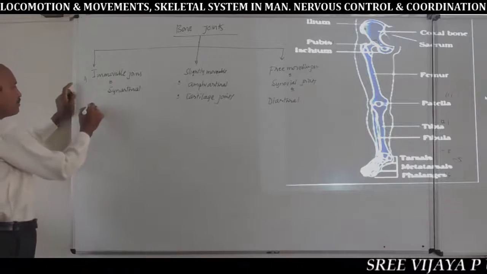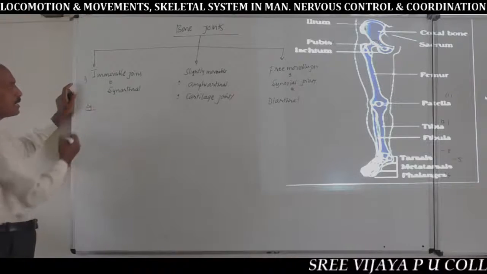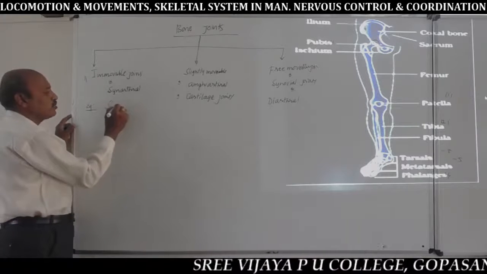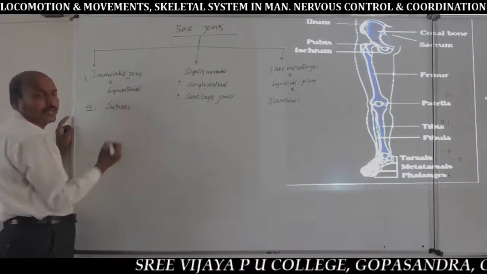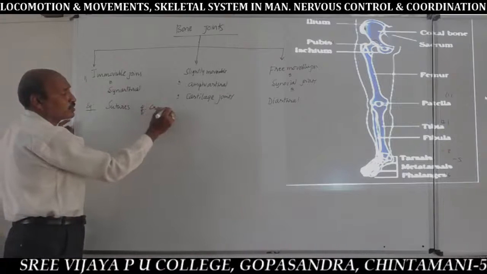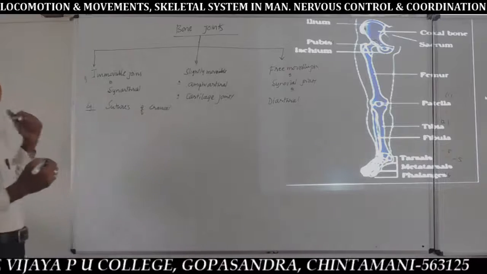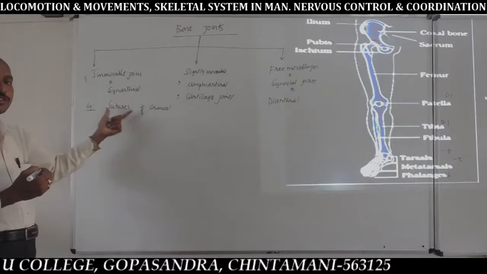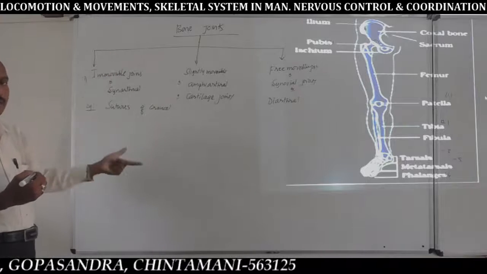Here are the examples of the location of immovable joints. Sutures, S-U-T-U-R-E-S, sutures of cranial bones. I think in the previous class I discussed the sutures of cranial bones in the axial skeleton.